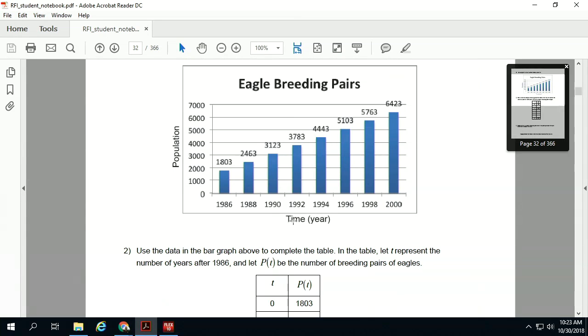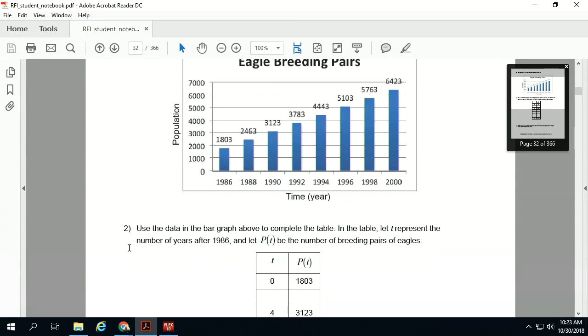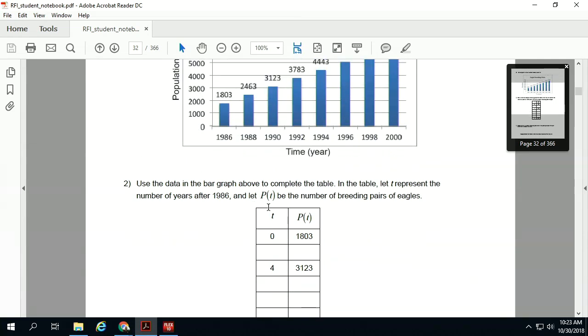In the next case, T is the number of years after 1986. So if T is 0, there were 1,803 breeding pairs, population as a function of time.